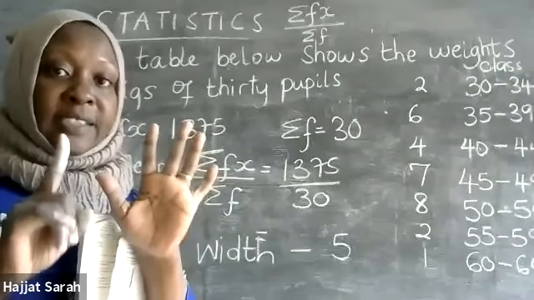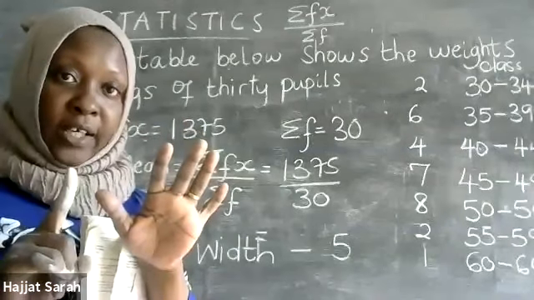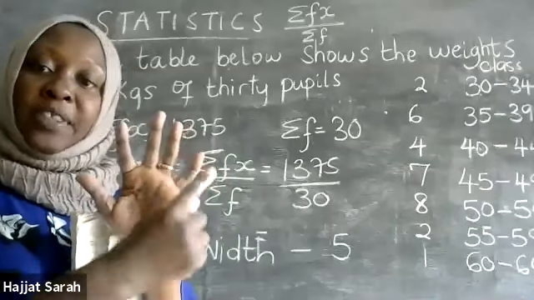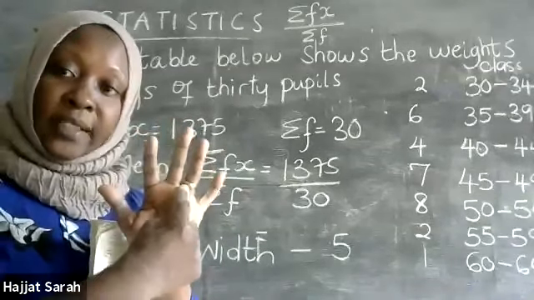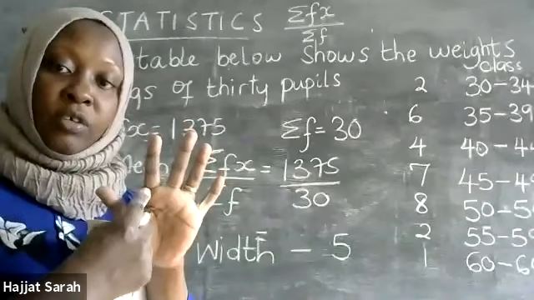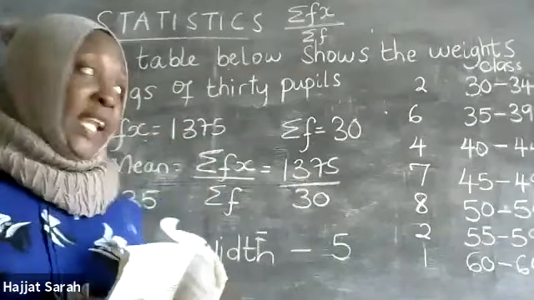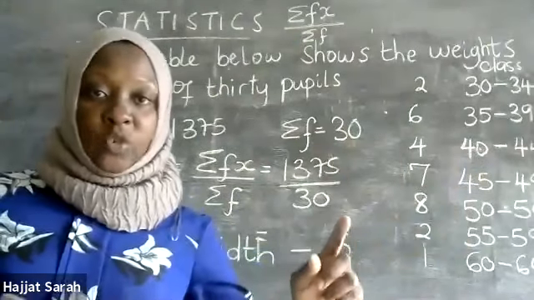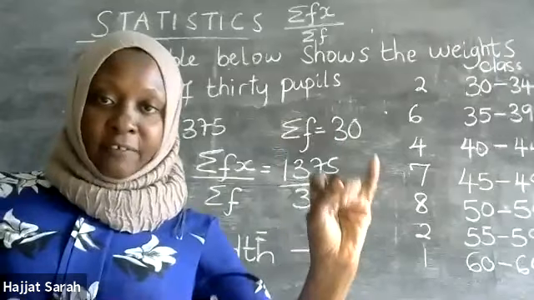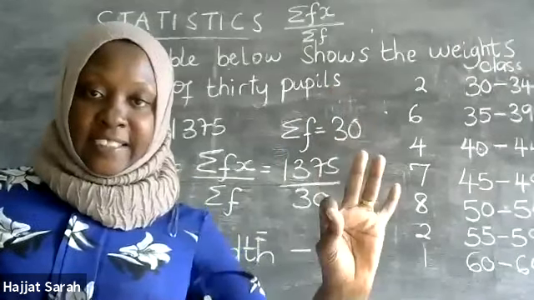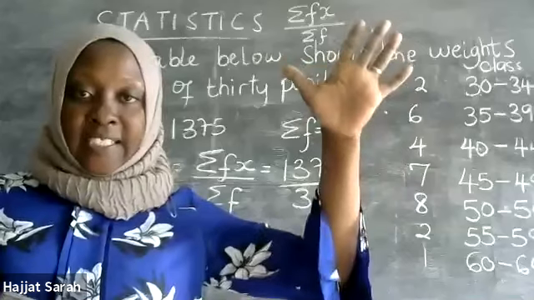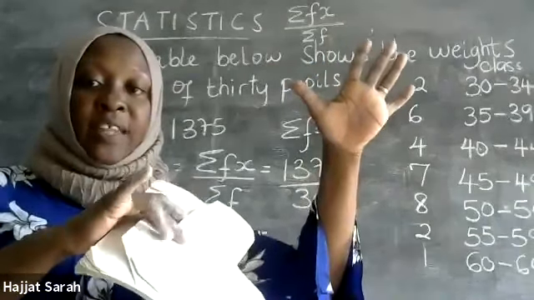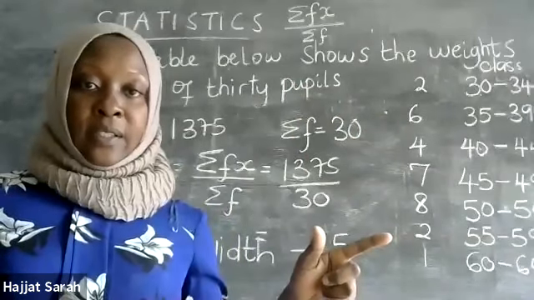But my width is supposed to be 5. Okay? So if it is 5, then I can't have 35. It will be 30, 31, 32, 33, 34. That is why the class will be 30 to 34. When you go to the next one, it will be 35, 36, 37, 38, 39. Okay? When I go to 40, then that width has 6 items. Are we together?